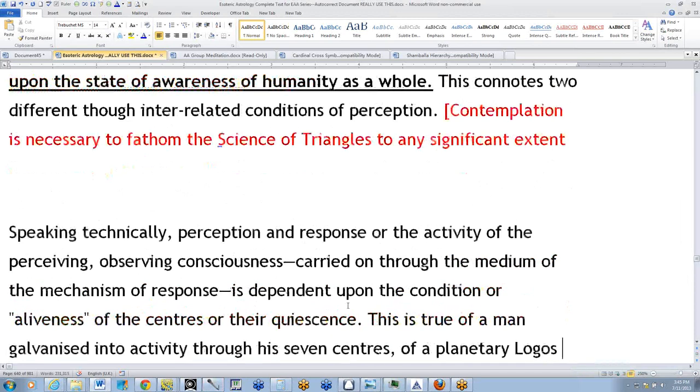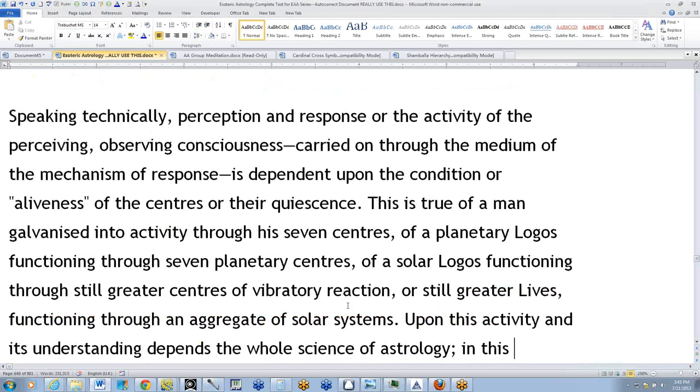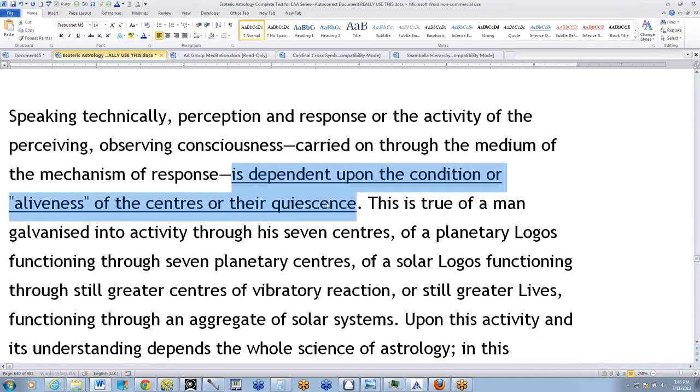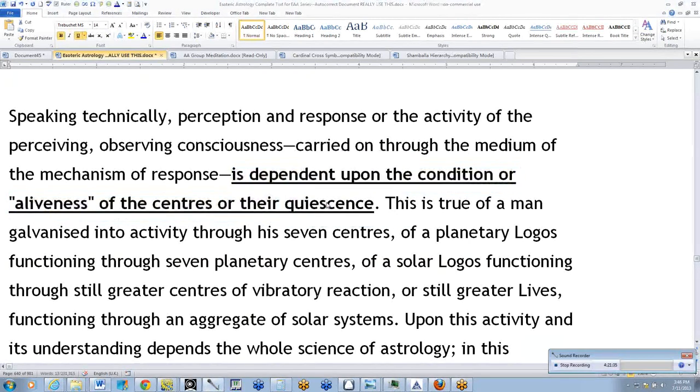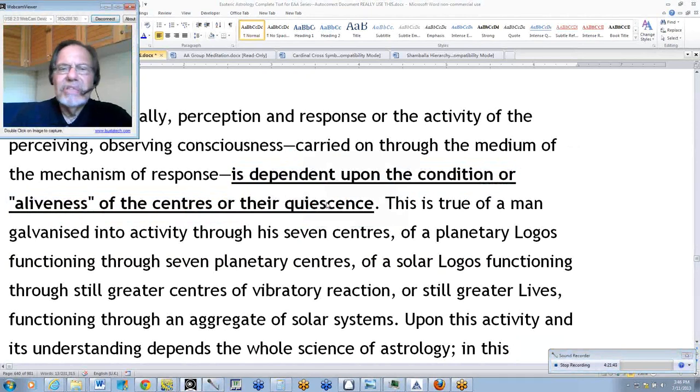"Speaking technically, perception and response, or the activity of the perceiving, observing consciousness carried on through the medium of the mechanism of response, is dependent on the condition or aliveness of the centers or their quiescence." So in an undeveloped man whose centers are less developed, less alive, less vibrant, the registration of what may be possible to register is lower.